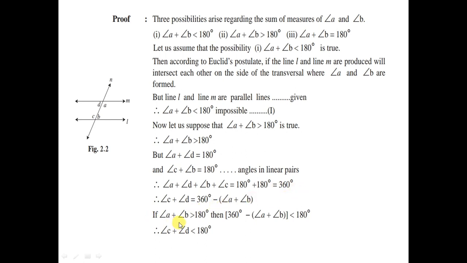So if angle A plus angle B is greater than 180 degrees, then 360 degrees minus (angle A plus angle B) will be less than 180 degrees, correct or no? If the sum of angle A and angle B is greater than 180 degrees, obviously its subtraction will be less than 180 degrees, right? So angle C plus angle D is less than 180 degrees.